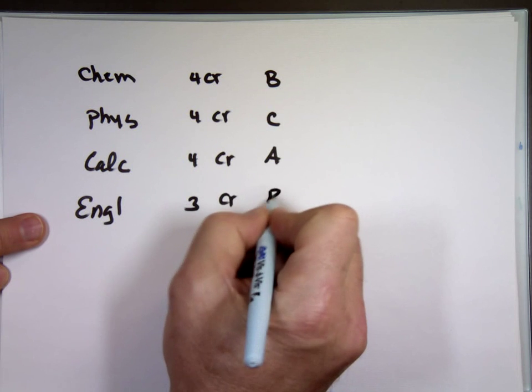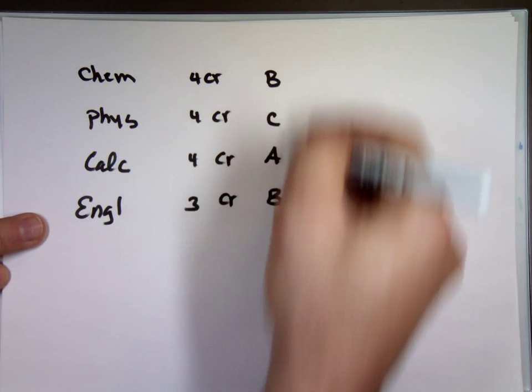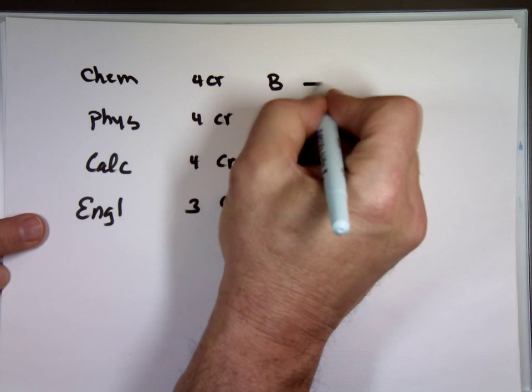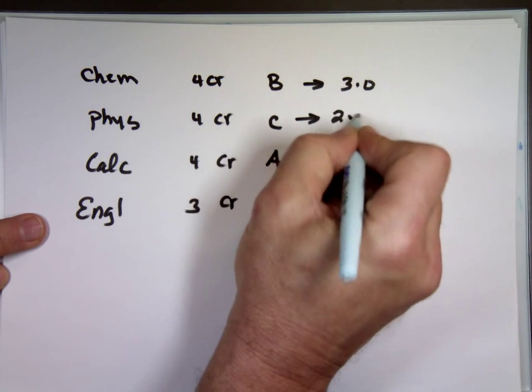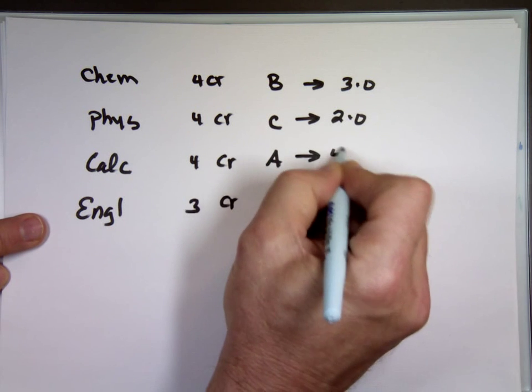Each one of these has a different weight. The B is what? 3.0. The C is what? Your GPA, 2.0. The A is what? 4.0. And the B here is what? 3.0.